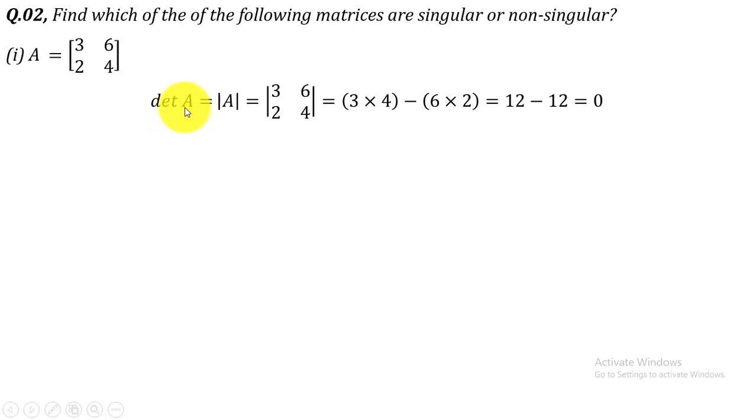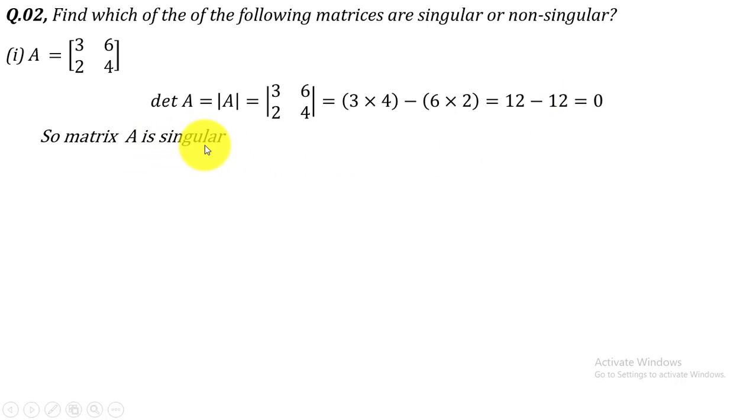The determinant of matrix A is equal to the determinant of elements 3, 6, 2 and 4. That is equal to 3 times 4 minus 6 times 2. The first entry is obtained by the product of the principal diagonal elements, 3 times 4, minus the second entry, obtained by the product of the other elements, 6 times 2. That is equal to 0.